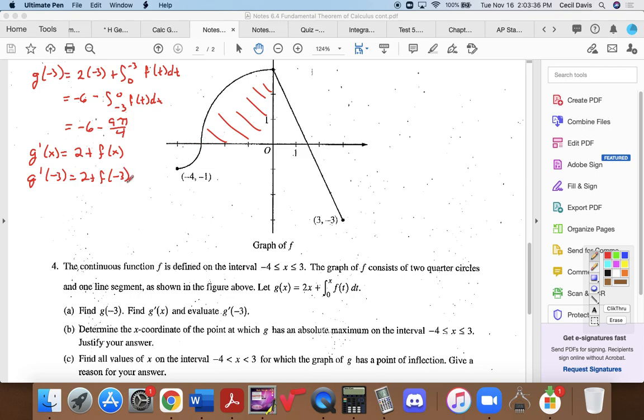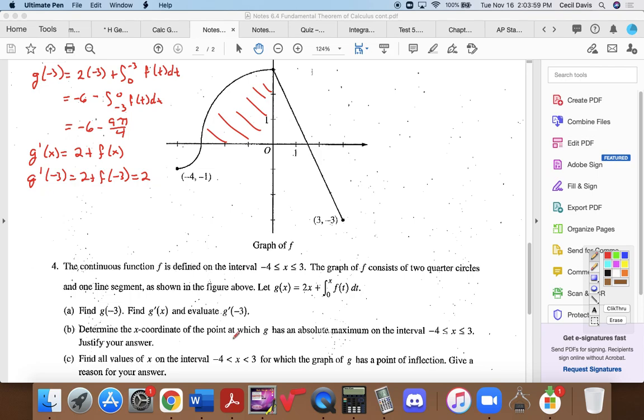F at -3 is 0, so that's just 2. All right, everybody good with that? All right, then let's look at this next one.